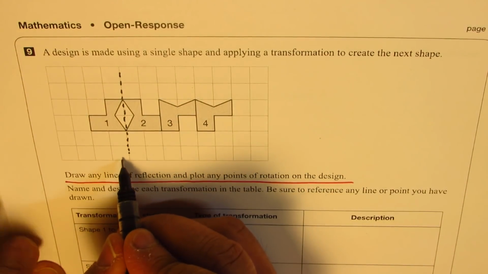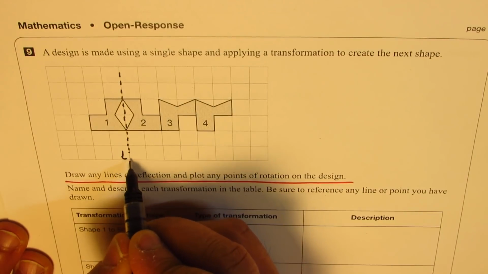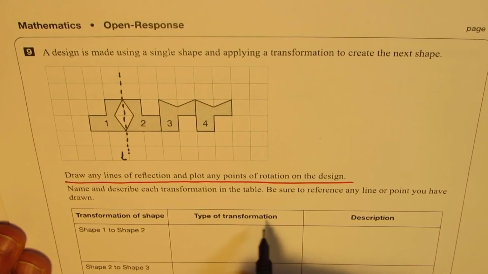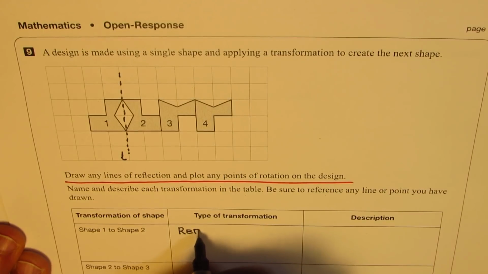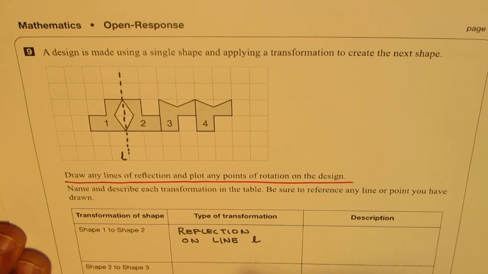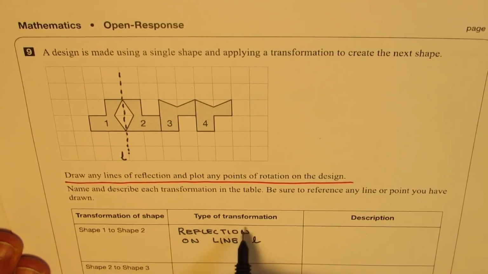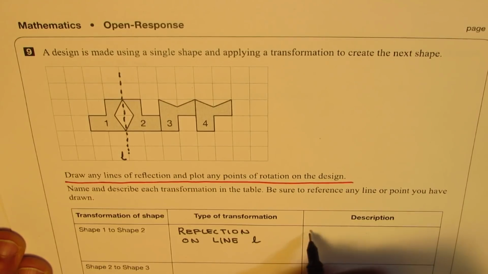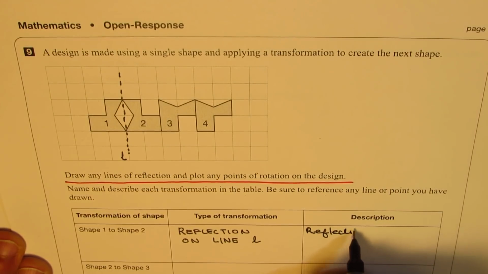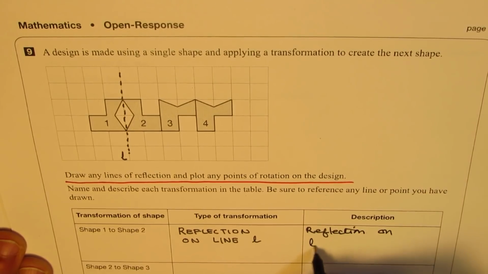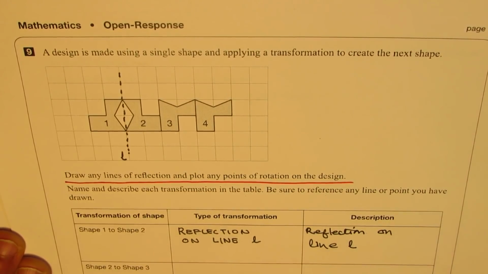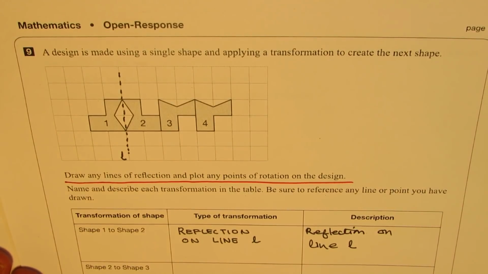Let's call this line L. So the type of transformation is reflection, and the description is reflection on line L, right? So reflection will come here and its description will come here: reflection on line L. That is how you're going to describe it. I hope it is absolutely clear. You can actually pause the video, answer this question further, and then look into my suggestions.